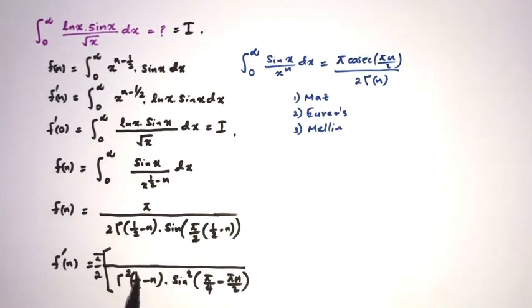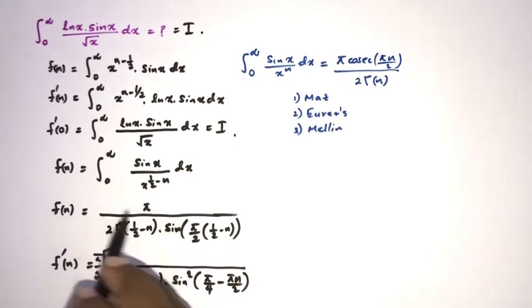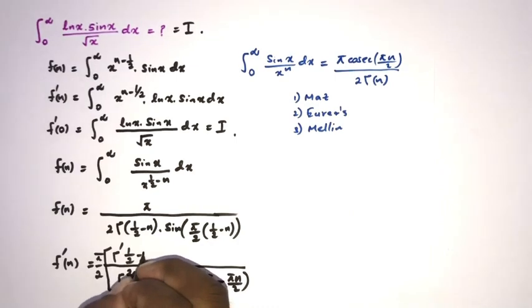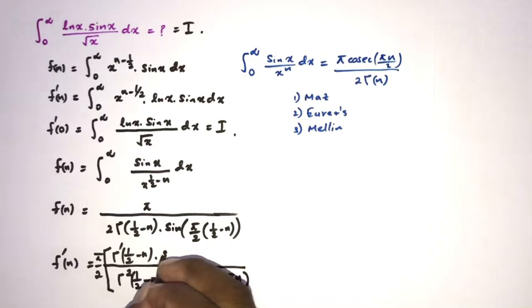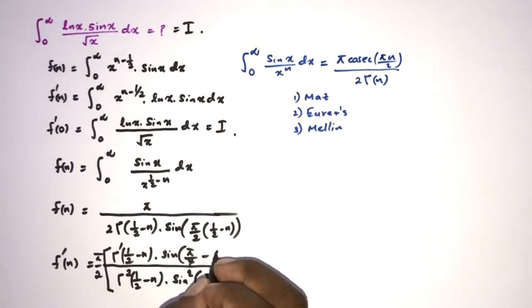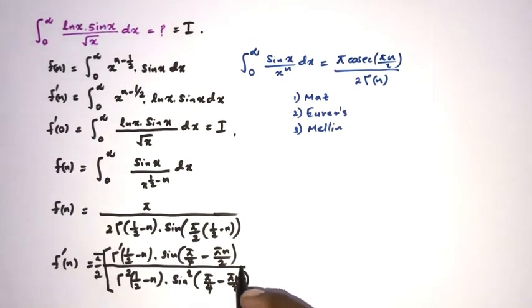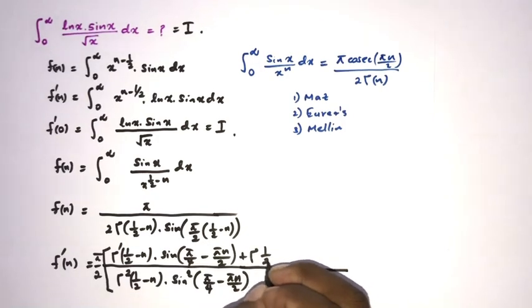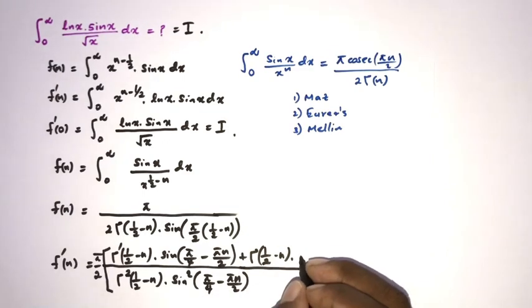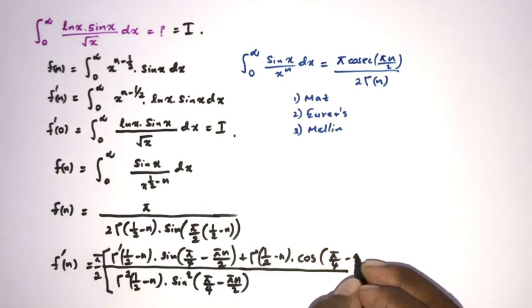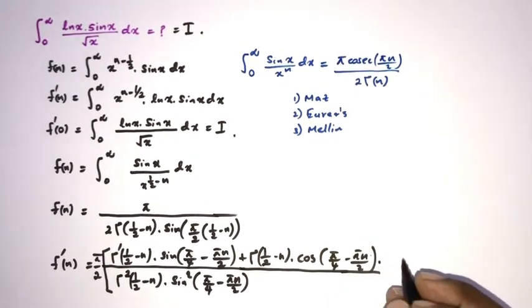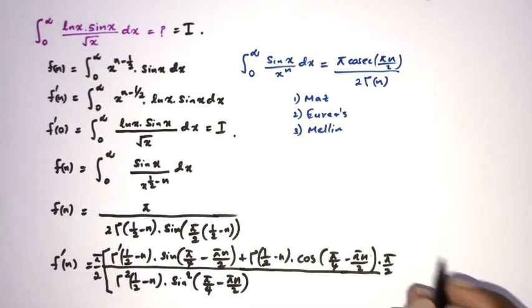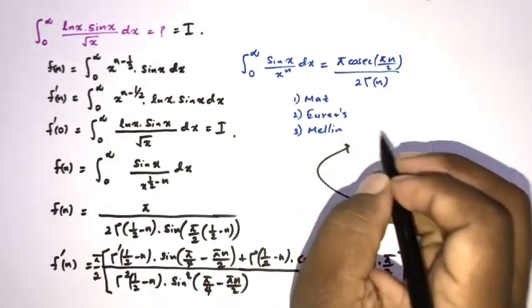Now the derivative of the gamma function has a minus sign, and differentiating the inner function gives another minus, so minus minus is plus: gamma dash of 1/2 minus n times sine of pi over 4 minus pi n over 2, plus gamma of 1/2 minus n times cosine of pi over 4 minus pi n over 2, times pi over 2.